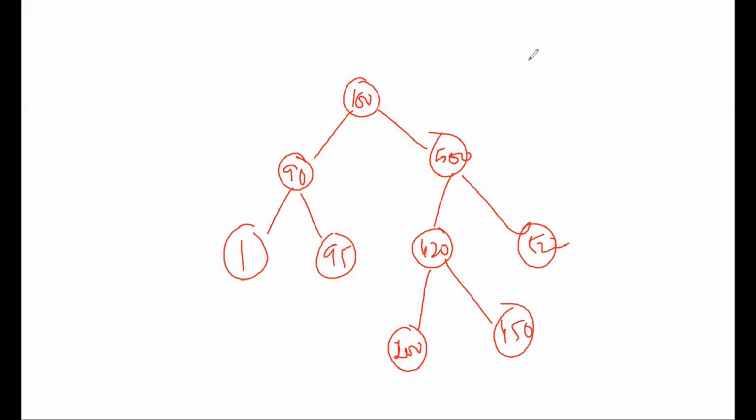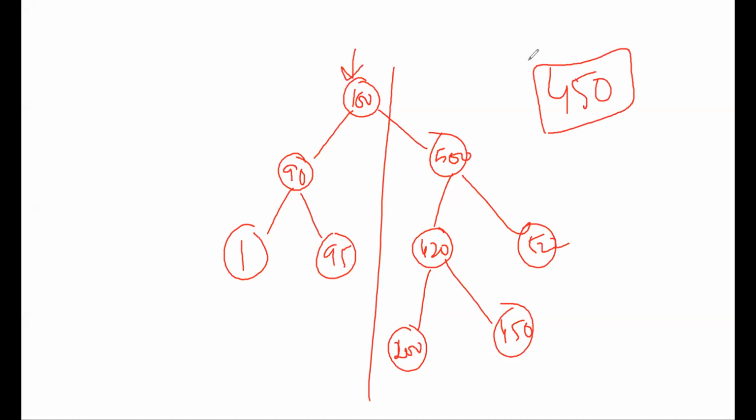When you have to search for something, let's say I'm searching for 450, you come here and check if 450 is greater than 100. So you know it is in this right subtree, so this part is already cancelled out.